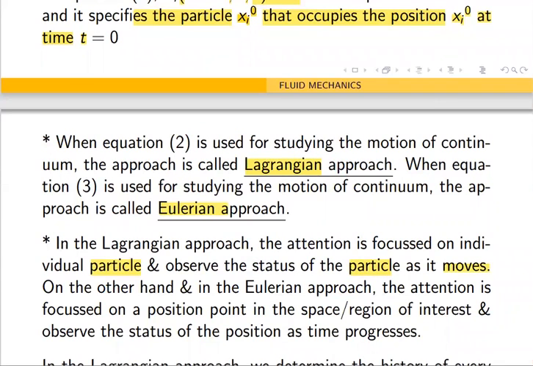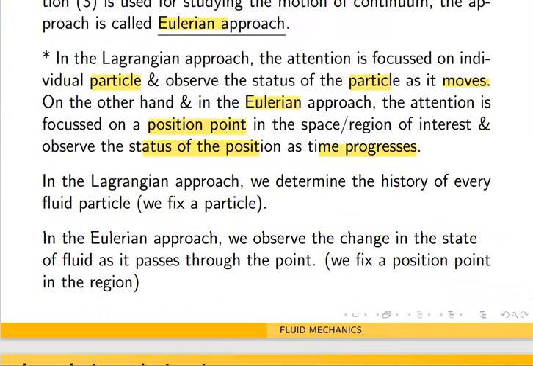In the Eulerian approach, the attention is focused on a position in space or region of interest and we observe the status of the position as time progresses. In the Lagrangian approach, we determine the history of every particle. In the Eulerian approach, we observe the change in the state of the fluid as it passes through that point. So in the Lagrangian approach, the particle is fixed; in the Eulerian approach, the position is fixed.